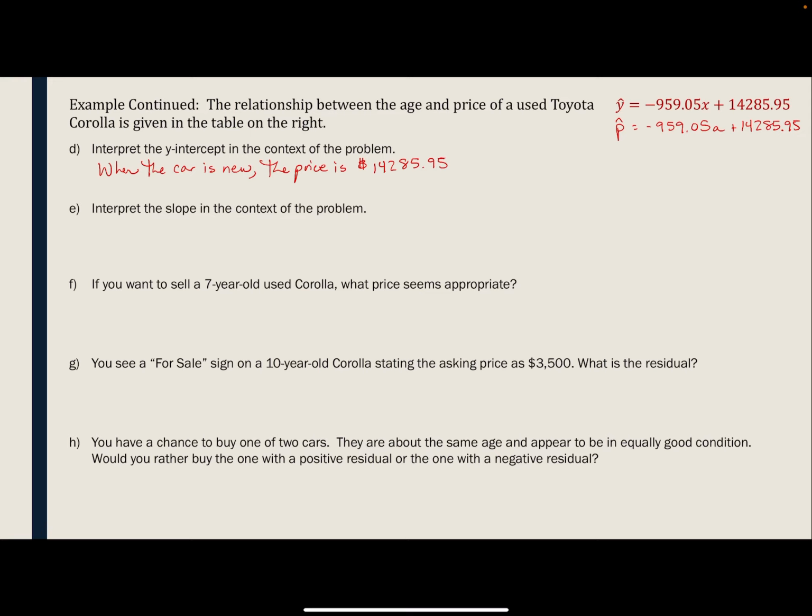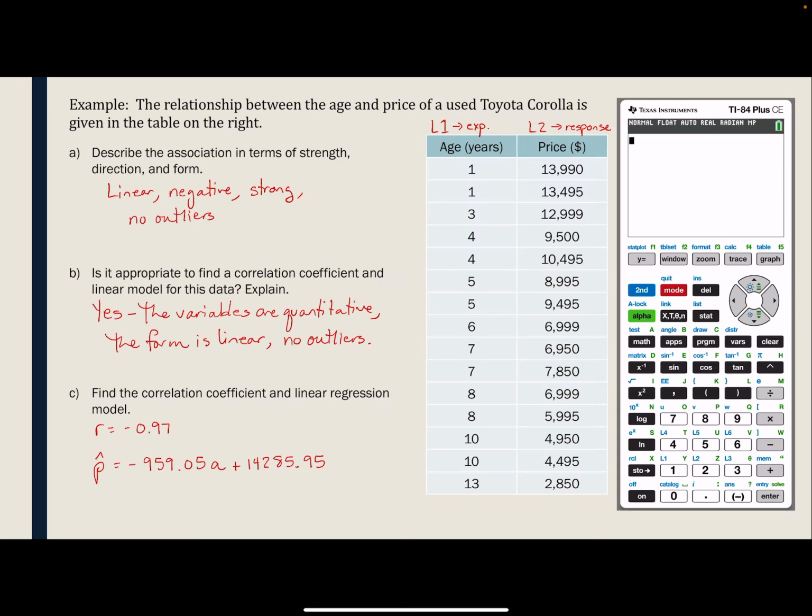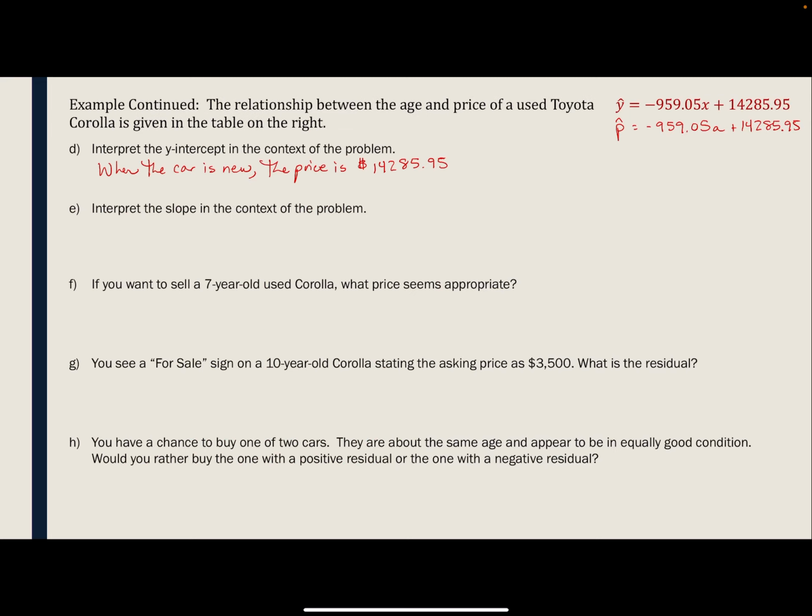This seems perfectly reasonable and makes sense in the context of the problem. And we're not really doing any extrapolation here because our data started at 1, so going to 0 is not unreasonable.